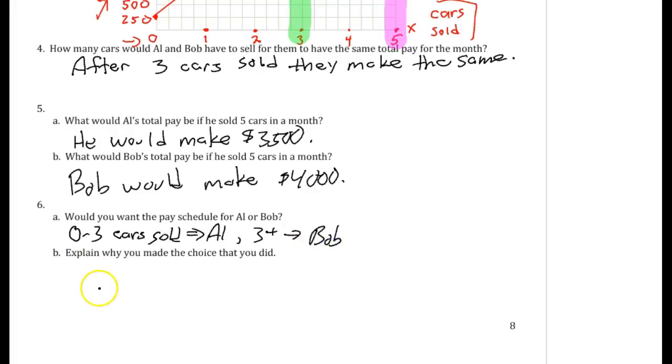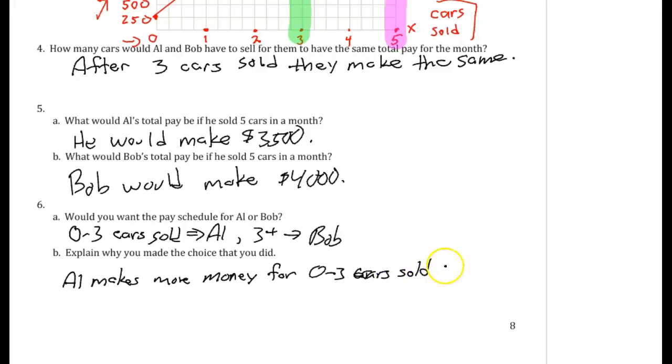And down here you can just explain in words because, you know, Al makes more money for 0 to 3 cars sold. But Bob makes more for 3 or more cars.